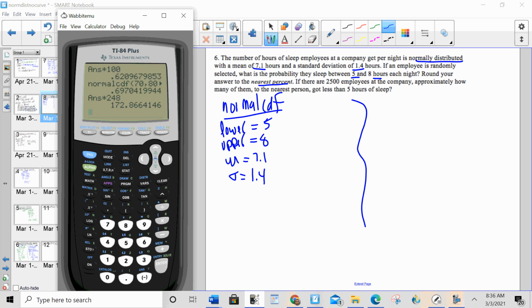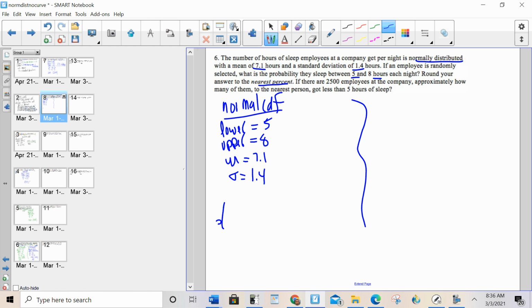So, second vars, option 2, lower is 5, upper is 8, mu is 7.1, sigma is 1.4. I get 0.673... Again, 3 circumstances.